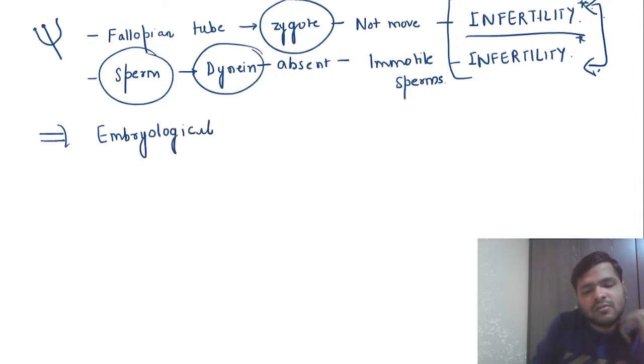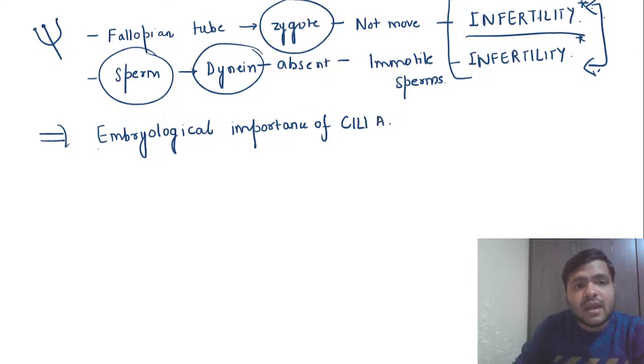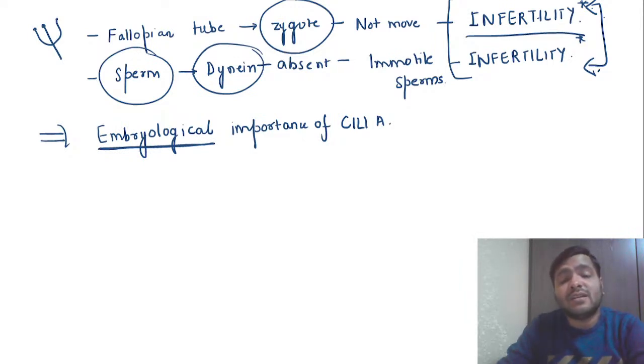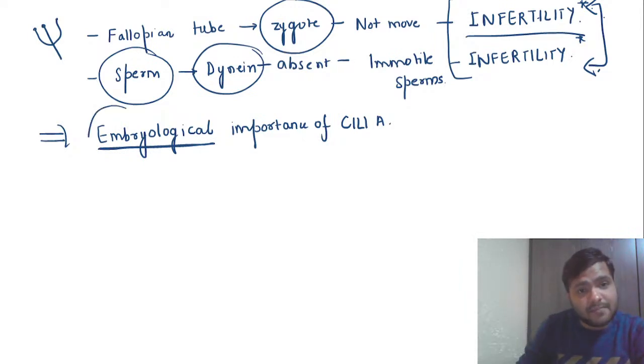Embryological importance of cilia. Now, what role does cilia have in the baby when it is developing? Baby is in the embryological stage.